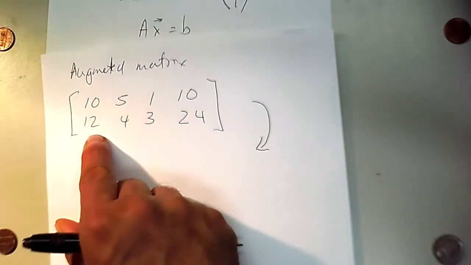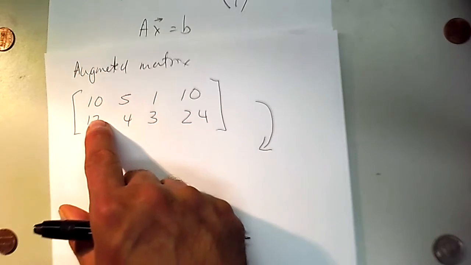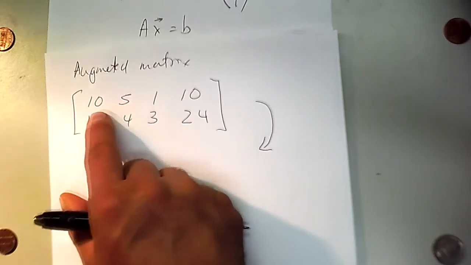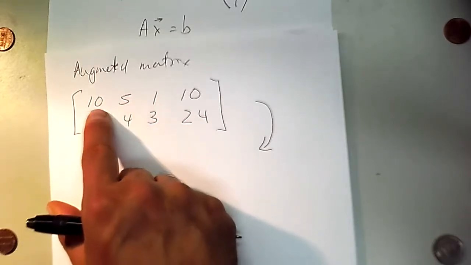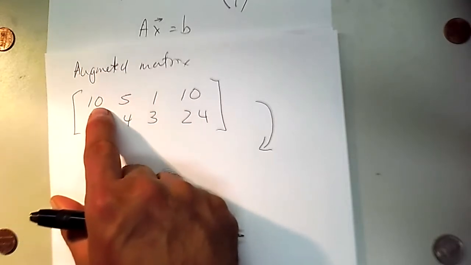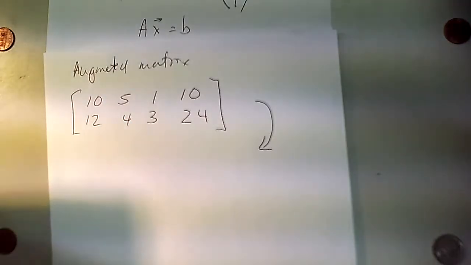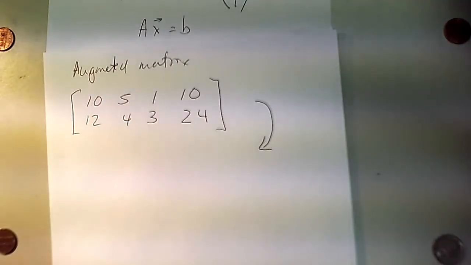The one thing I want to say though is, personally, I don't use fractions until the very end. I try to avoid fractions. So instead of making that a 1, what I do is I make this a 60.